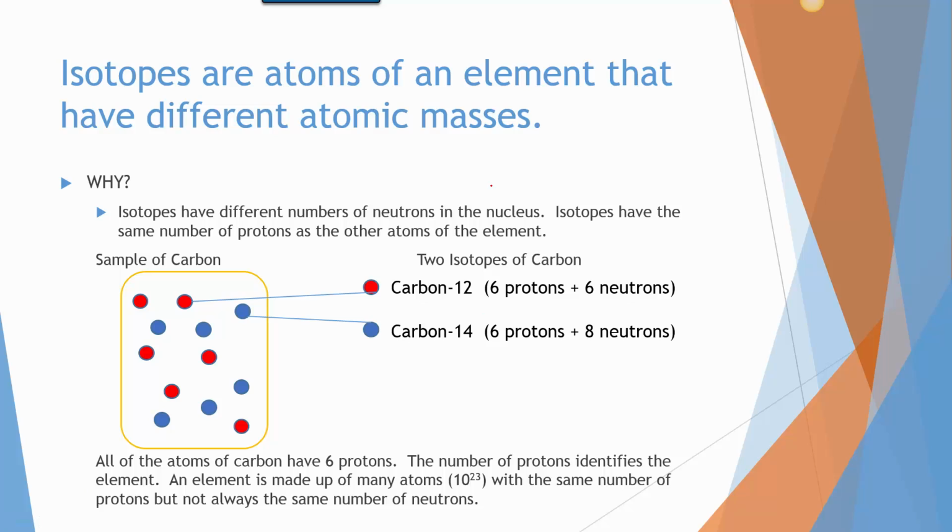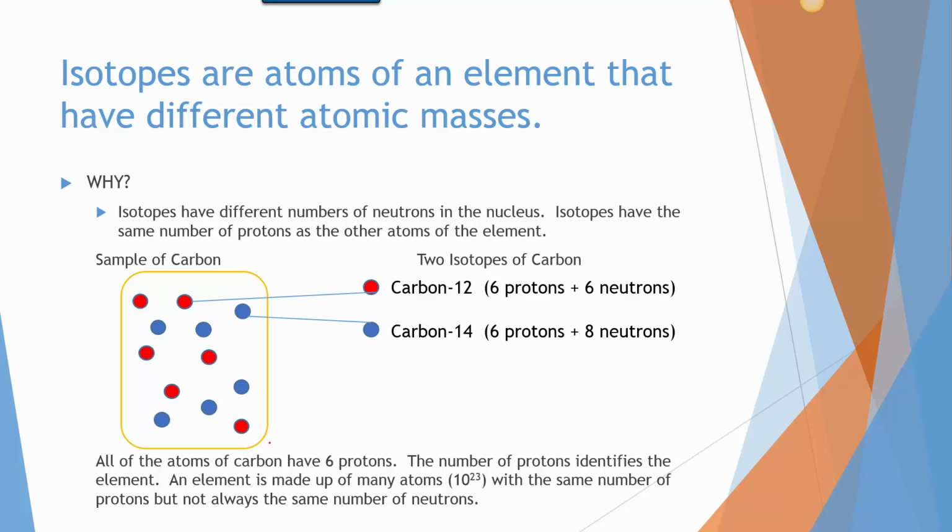Okay, so isotopes are atoms of an element that have different atomic masses. Well, why do they have different atomic masses? Well, that's because the atoms have different numbers of neutrons in the nucleus.